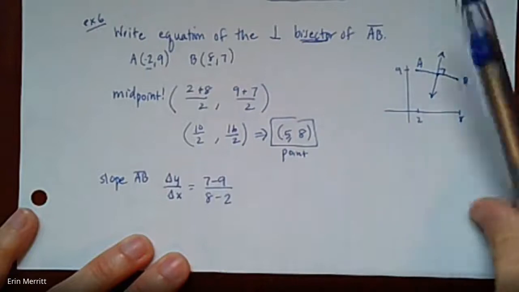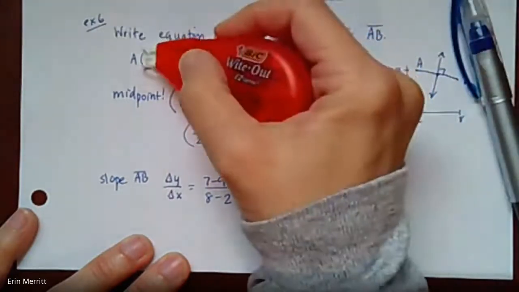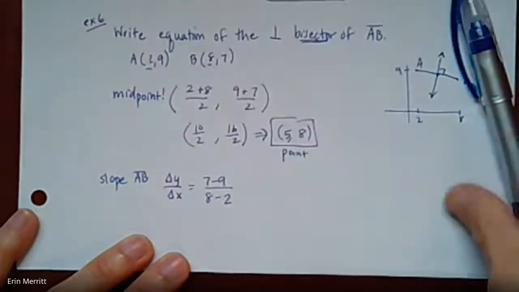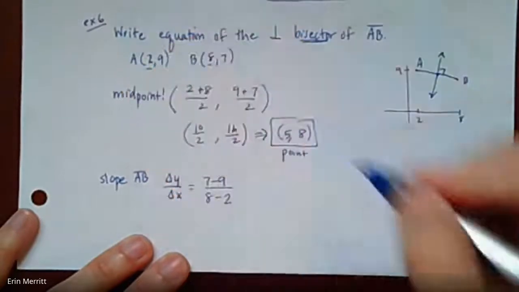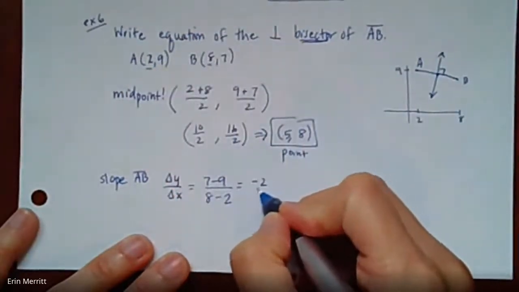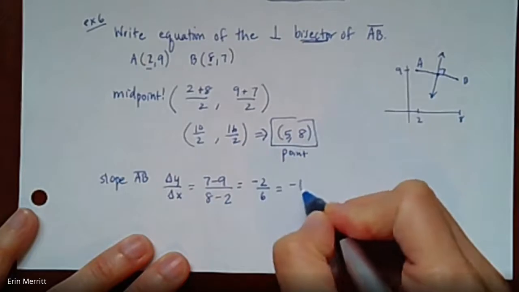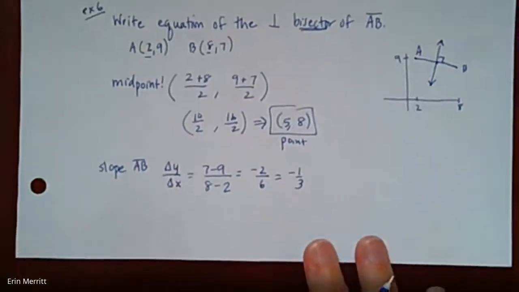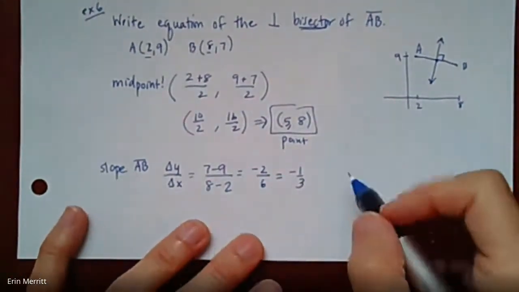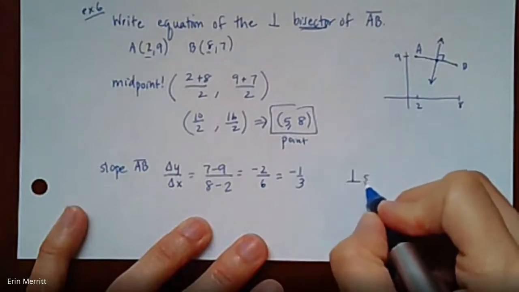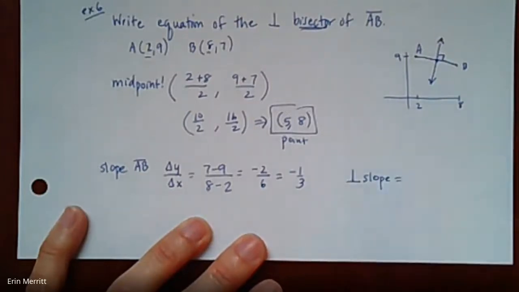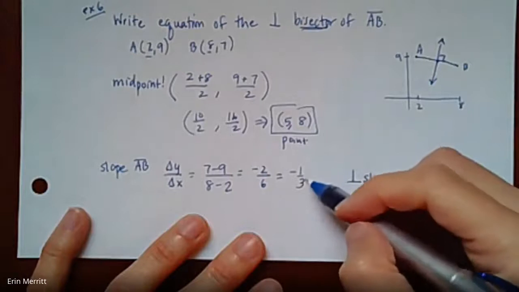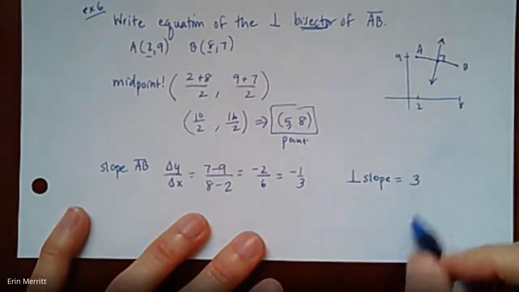It looks like a negative 2, but that's just me touching my paper, so let me clear that up to make sure that nobody thinks that's a negative 2 there. This would give me negative 2, and then over 6, so negative 1/3. So if the slope of AB is negative 1/3, then the perpendicular slope, here's where that negative reciprocal comes in. Flip it over, negate it, would be positive 3.